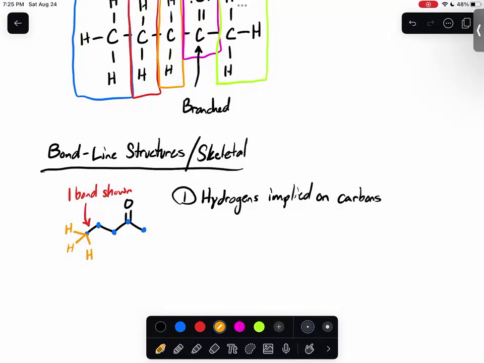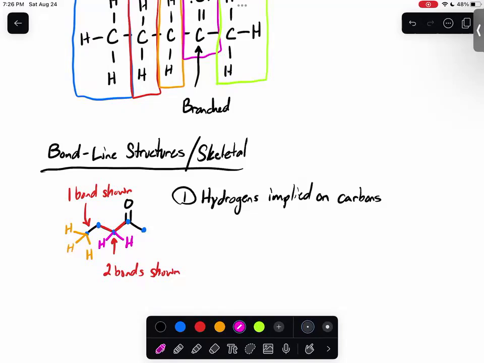So if we take a look at this middle carbon here, we see that there are 2 bonds currently shown to it, right? It has these 2 right here and right here. And what that means is if there's 2 bonds shown, there are 2 bonds not shown. Those 2 bonds are 2 hydrogens.